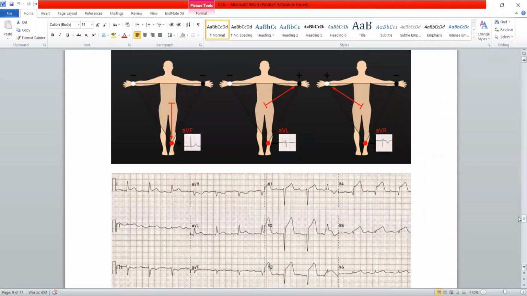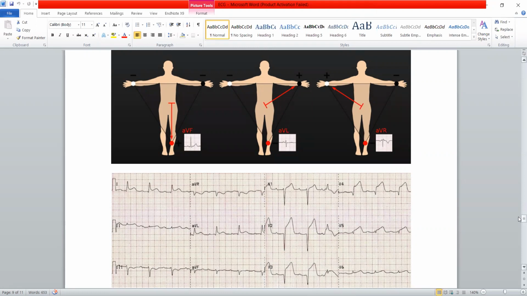So other than AVL, which are the other lateral leads? Look at all the lateral leads. There's lead 1. Is there any elevation in lead 1? Yes, there is elevation in lead 1 and lead AVL.